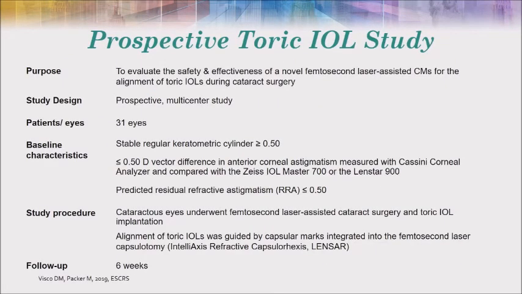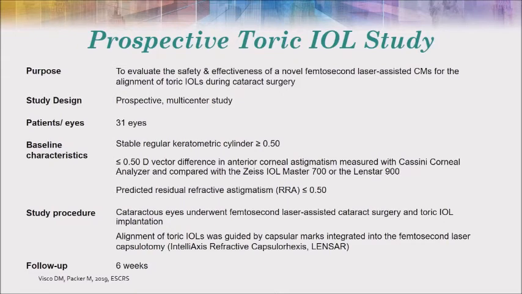This is a study that I am in the middle of. This is my initial data. I have 31 eyes. It is a prospective study, and we are looking at cherry-picked astigmatism correction. So these are patients that have beautiful topographies and great looking data going in. So we know exactly what axis we're treating.